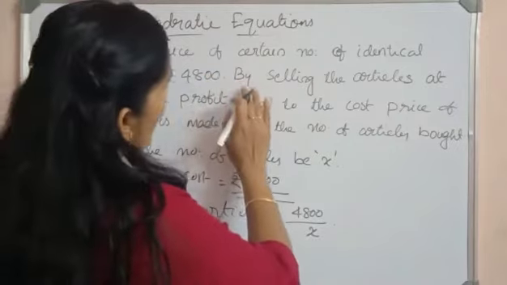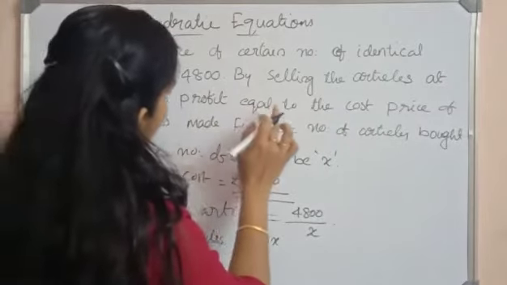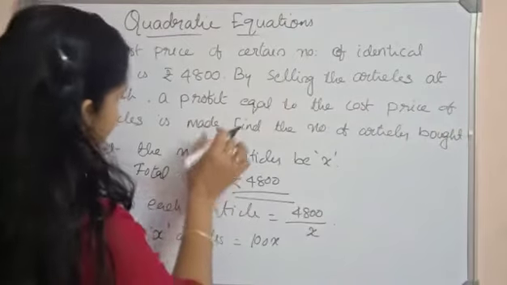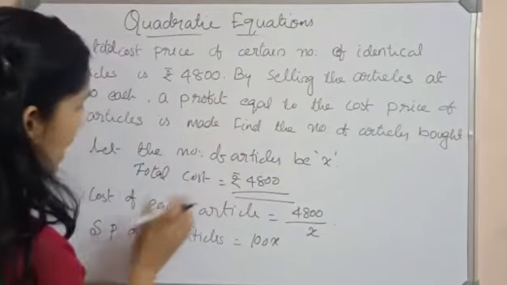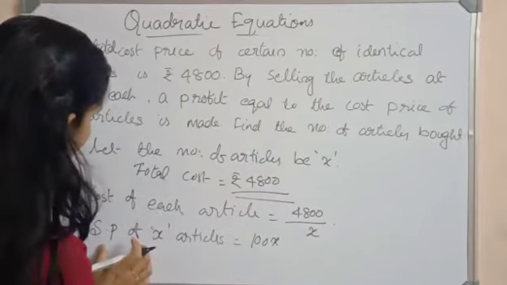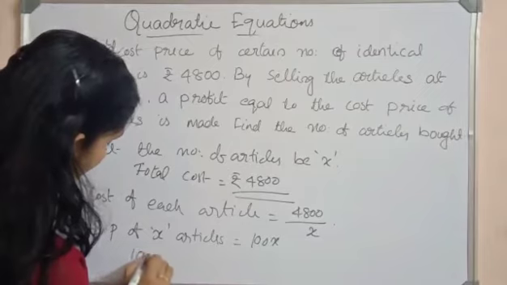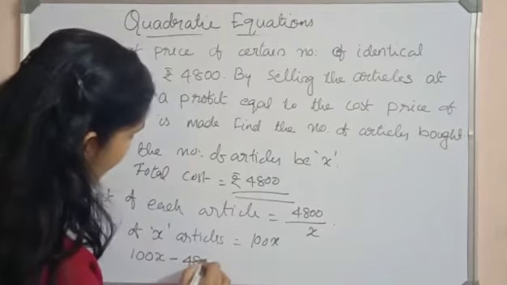Now, it is given that by selling the articles at rupees 100 each, a profit equal to the cost price of 15 articles is made. That means we are getting a profit. What is the profit? Selling price minus cost price. What is the selling price here? For x articles, the selling price is 100x minus the cost price is 4,800.